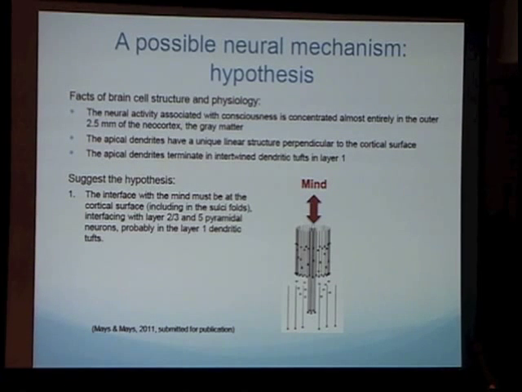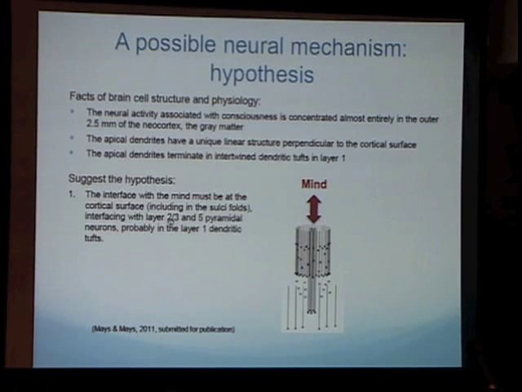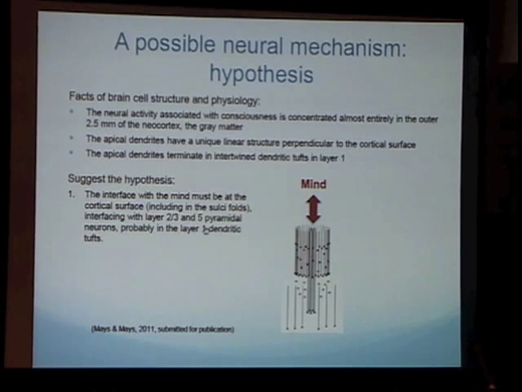And by the way, the function of the apical dendrites is unknown. Yes, they receive impulses, but why are they long and perpendicular? So particularly, the mind must be interfacing with layers 2 and 3 and layer 5, because those are the ones that end in the surface. And probably the interface is in layer 1.